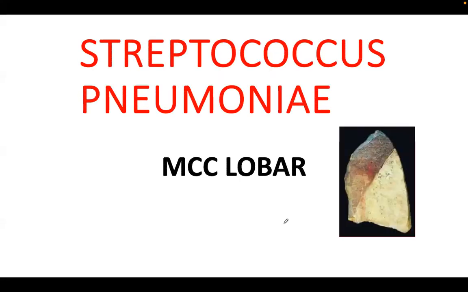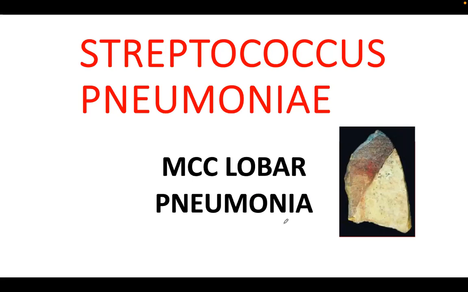And of course, we have the most common cause of lobar pneumonia, that is strep pneumoniae. Now, what if it is ventilator-associated or hospital-acquired pneumonia? What is the most common organism?